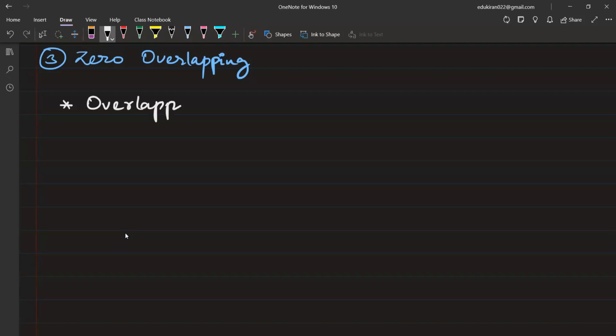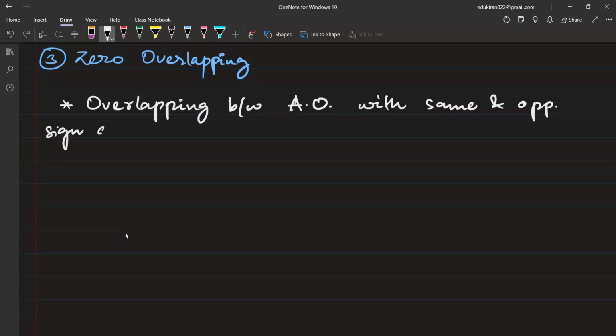Overlapping between atomic orbitals with same and opposite sign of psi simultaneously, है ना? अब बोलिएगा सर ऐसा कैसे होगा?